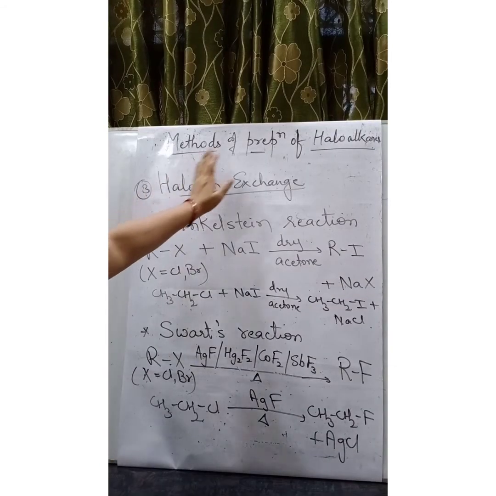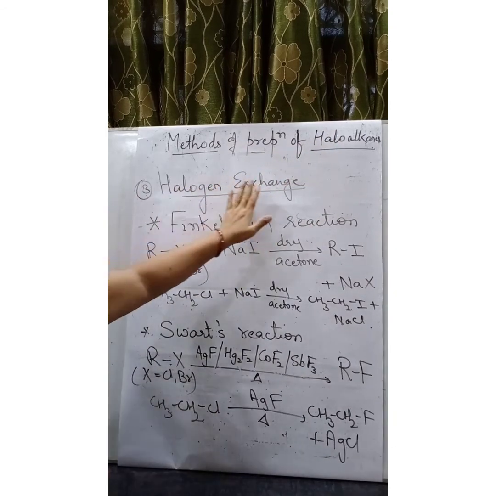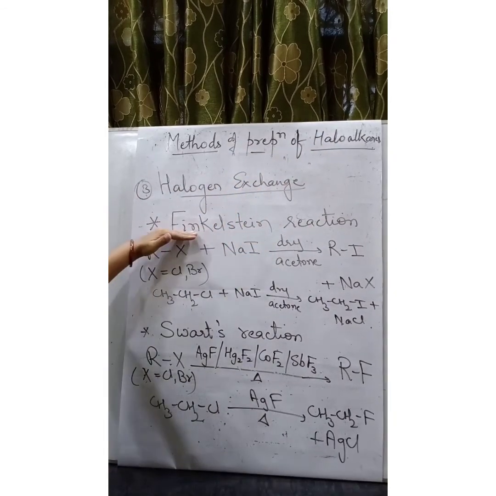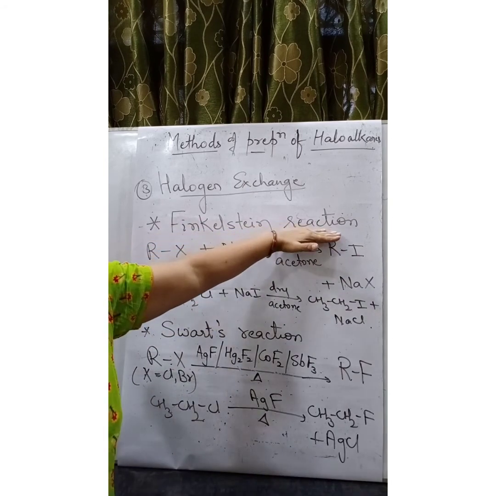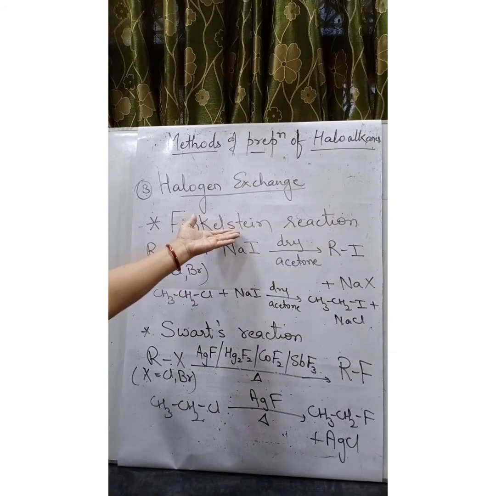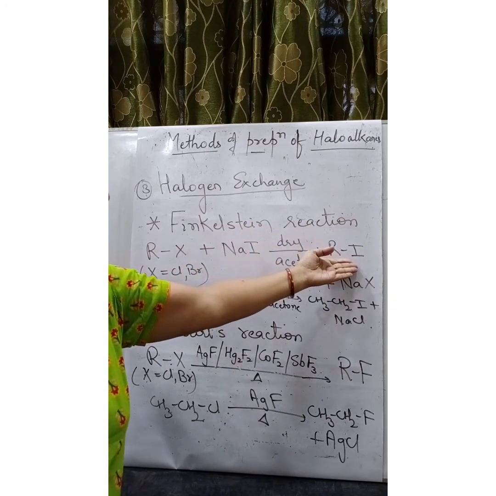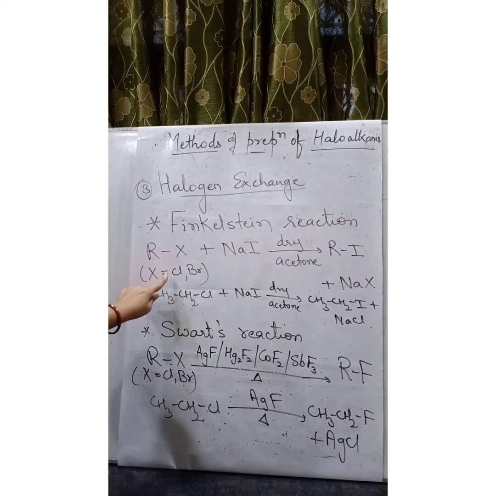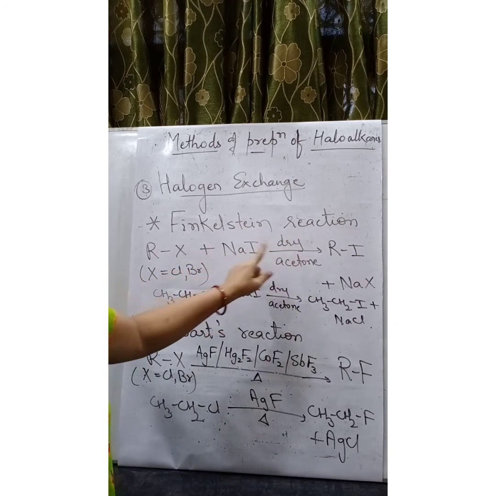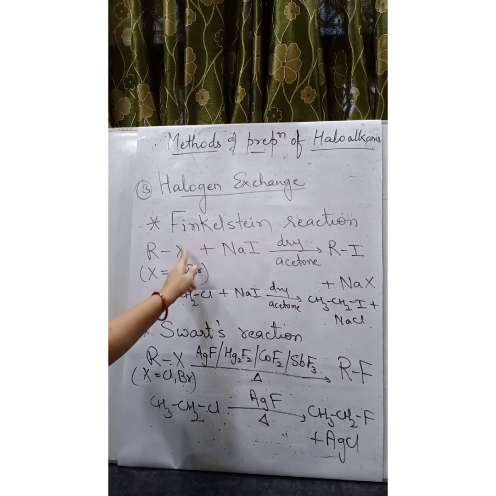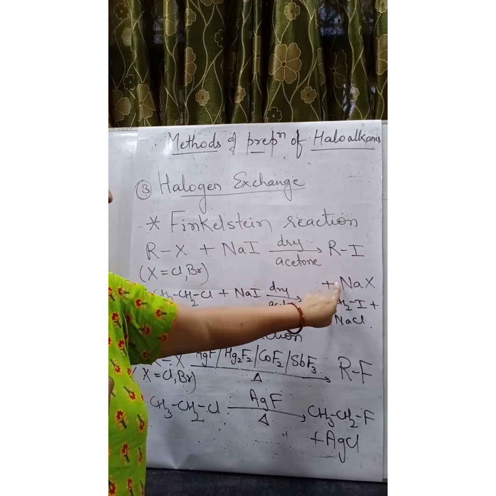The next method of preparation of haloalkane is halogen exchange. Two name reactions are involved in this. First one is Finkelstein reaction, which is basically used for preparing iodoalkanes. RX, where X stands for chlorine or bromine, when treated with NaI in presence of dry acetone, exchange of halogen takes place and forms RI plus NaX.